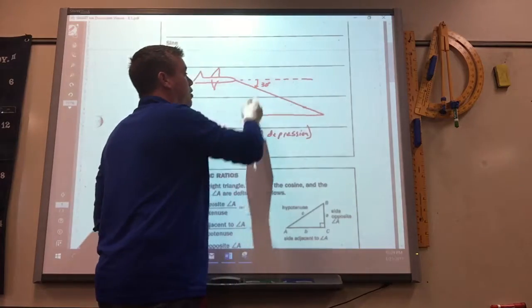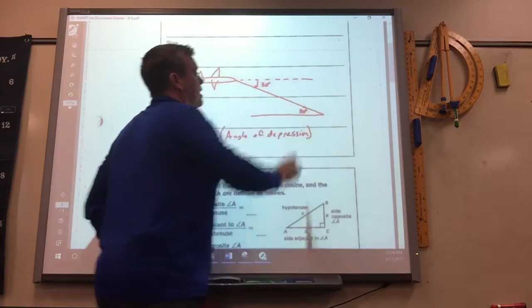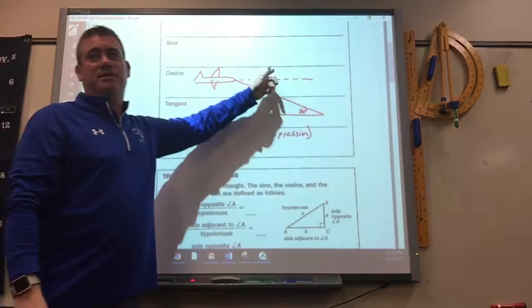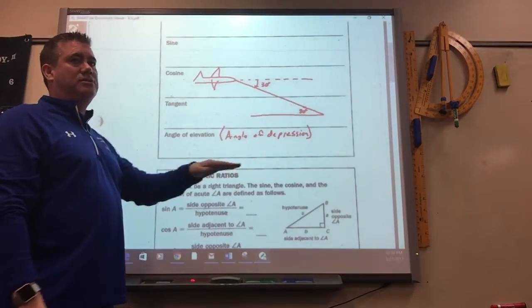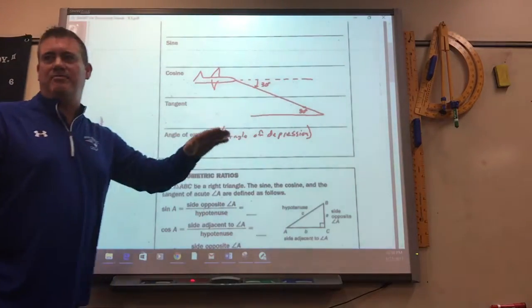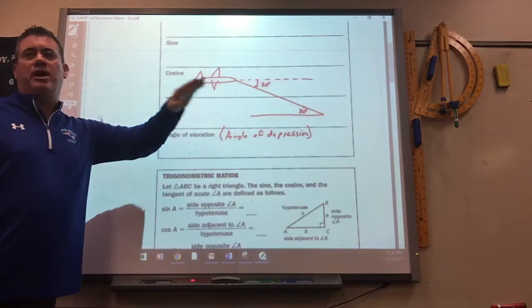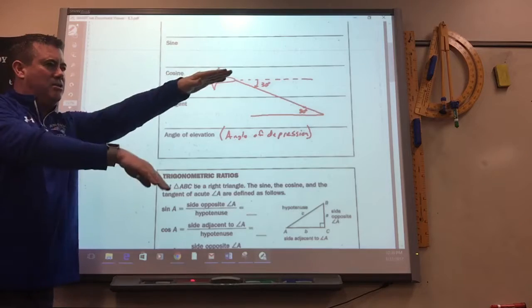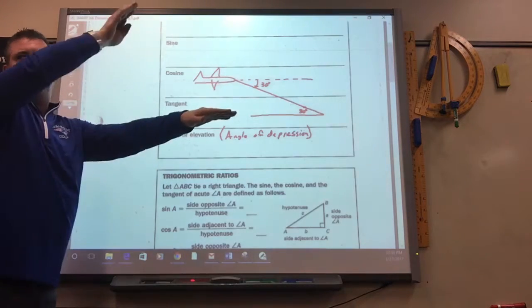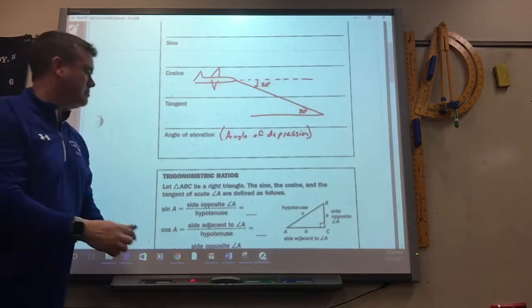That would be looking out and up. They're alternate interior angles. That's why angle of elevation and angle of depression are always the same in a word problem. So angle of depression is just looking out and down. Angle of elevation is looking out and up. Okay?